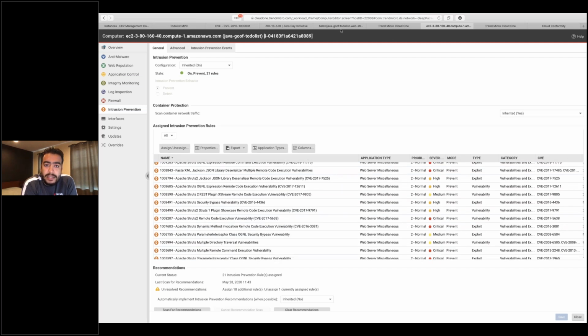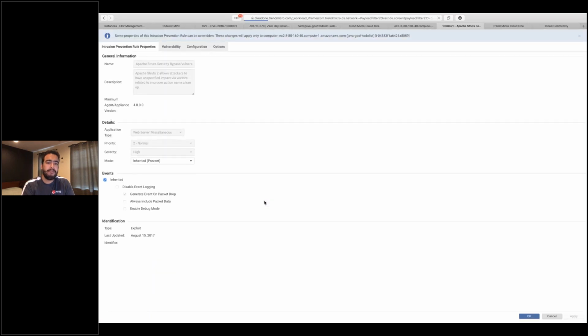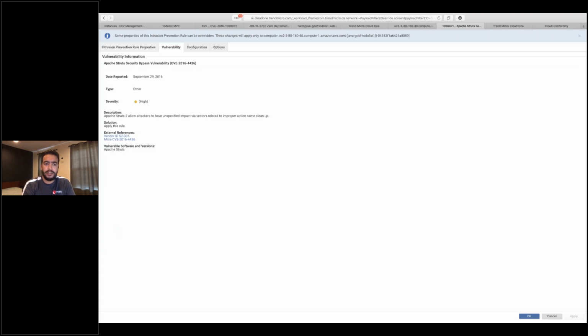So I saw that this is a 2016 CVE for an Apache Struts vulnerability, and I found that I already have protection in place for this vulnerability. I would be able to then find more information about the vulnerability itself.